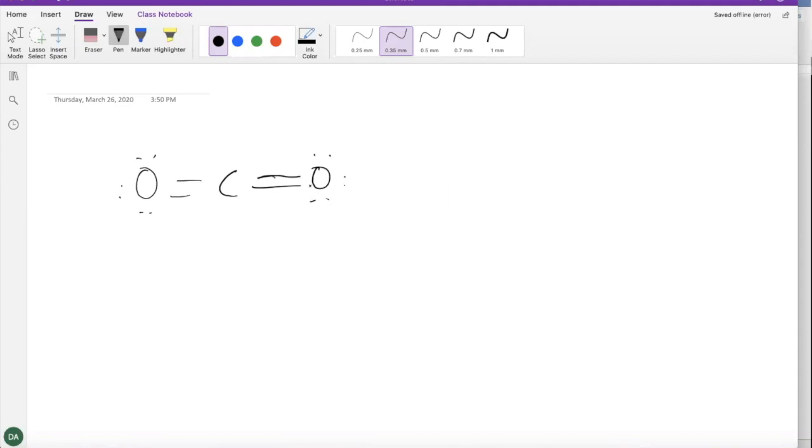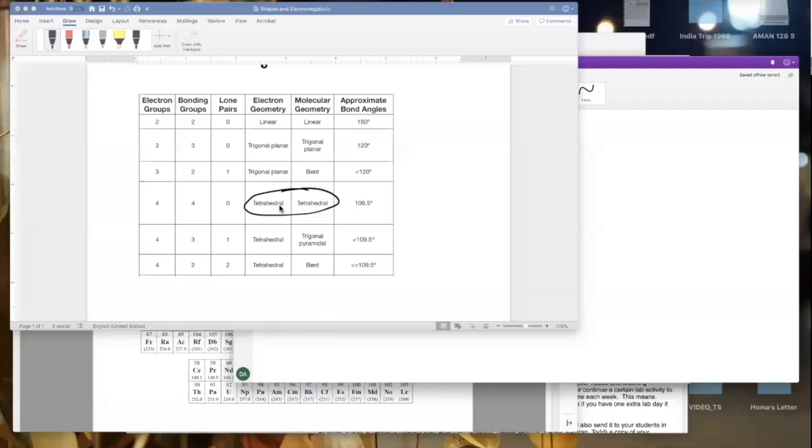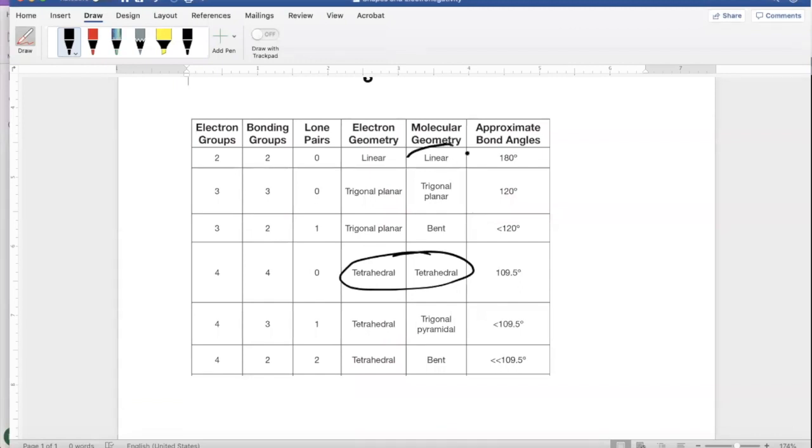I'll give you, let's say, the Lewis structure, or I'll just give you randomly a molecule CO2, and you'll first draw the Lewis structure in your rough notebook, and then I'm going to ask you what is the molecular geometry for that molecule. You will be picking from this table if that molecule is going to be linear or trigonal planar or bent or tetrahedral or trigonal pyramidal or bent. We'll learn how to figure that out, but this is where you're going to find that information.